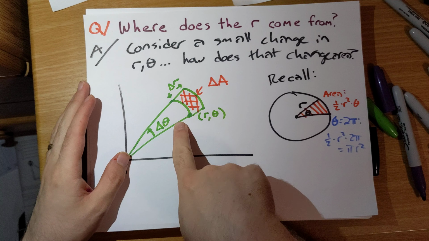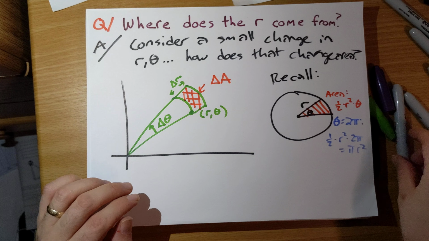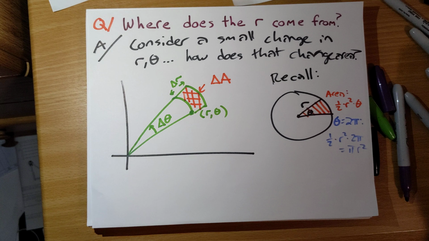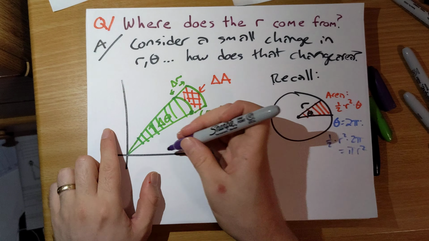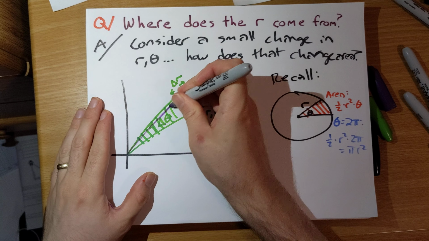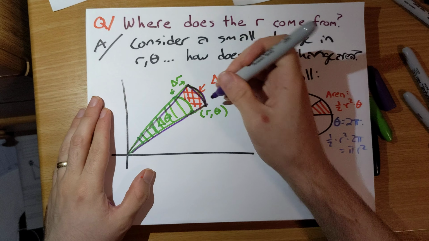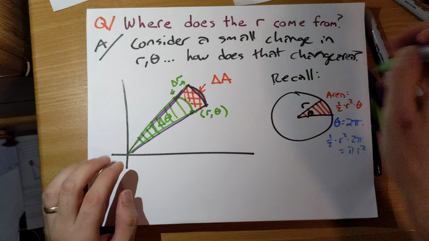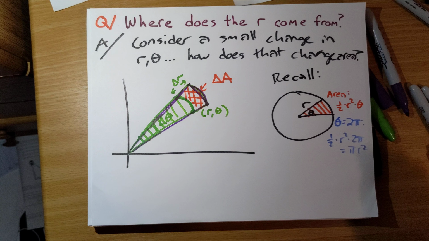Okay, so back over here, we need to calculate the area of this little region. We're going to do that by finding the area of this entire region here, and then subtracting off the area of this smaller region here, and the difference will be the change in area.